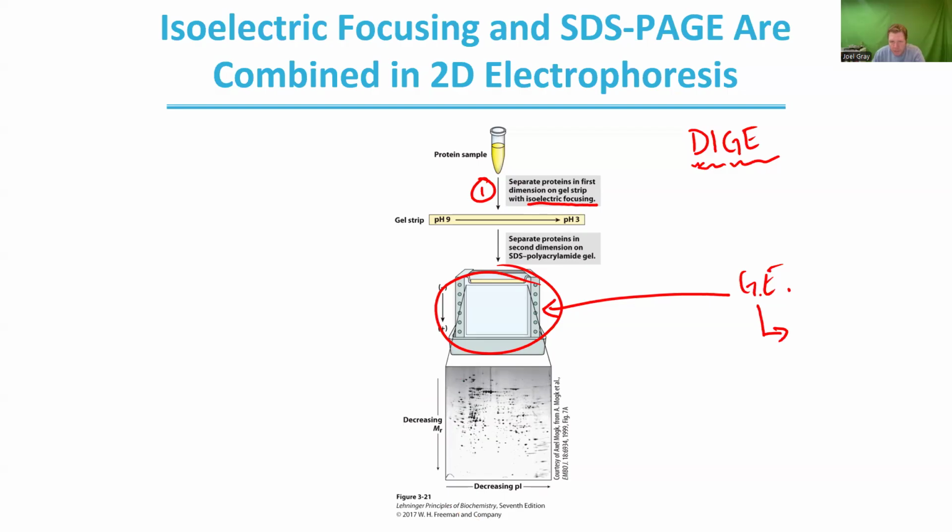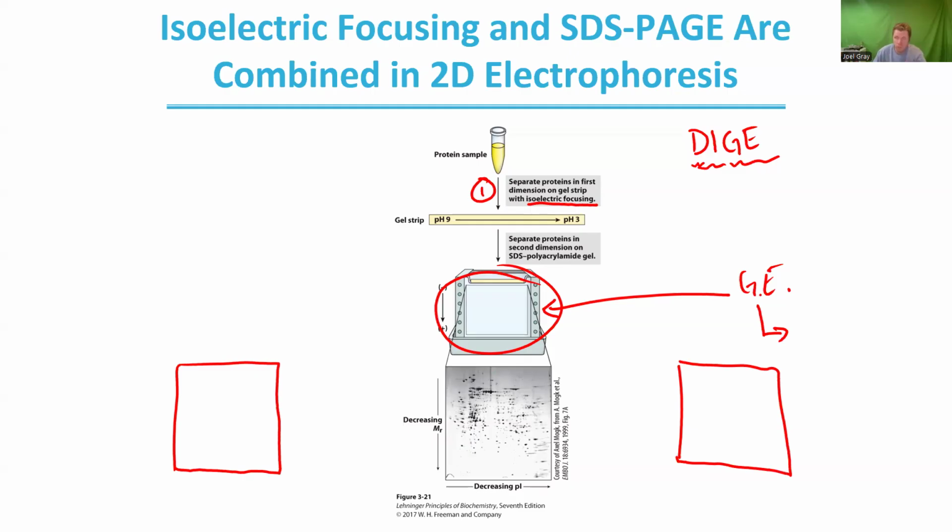But what's great about this technique is that this was originally done back in the 70s, but then it kind of found new life. Because what researchers can do is take a healthy wild type individual, and let's say they take liver cells. I'll just say liver cell extract.